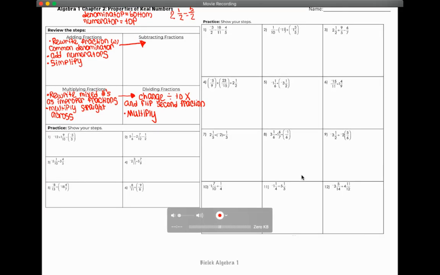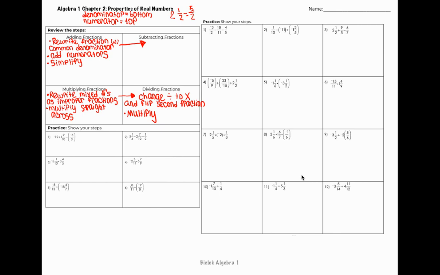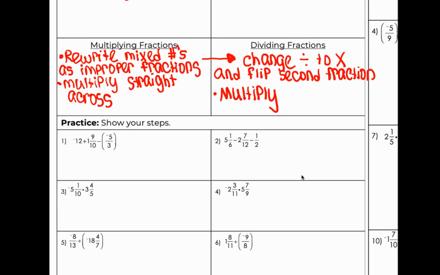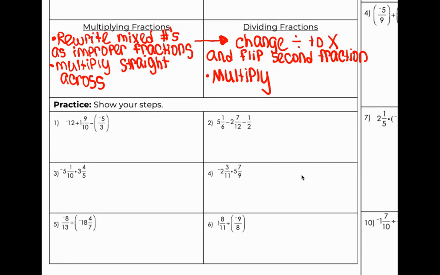Sorry, my computer just flipped. There we go. So 1 times 10 is 10 plus 9 is 19. Let me zoom in for you. So I know that is 19 over 10. And then I would also want to try to rewrite 12 in terms of 19ths.